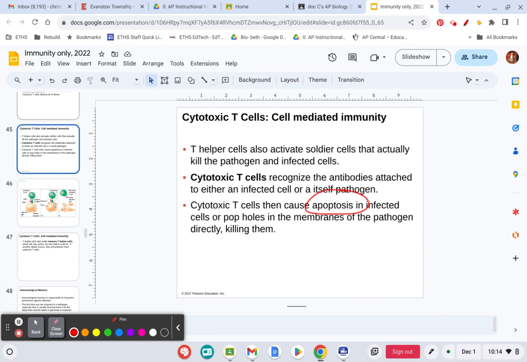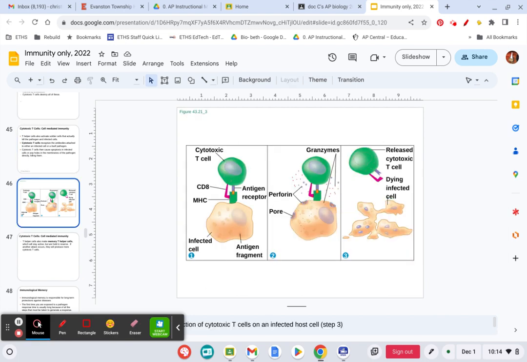The other thing that it can do, and there are pictures shown on the next page, is that the cytotoxic T cell itself can initiate that destruction of the cell by forming little pores in the infected cell. So here I have a cytotoxic T cell that is attaching to an infected cell.